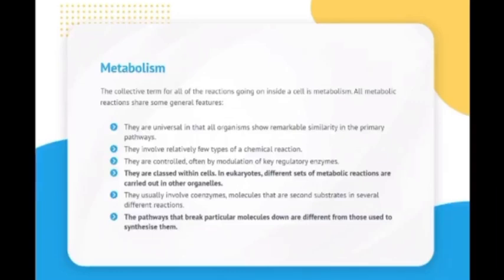They are controlled, often by modulation of key regulatory enzymes. They are compartmentalized within cells. In eukaryotes, different sets of metabolic reactions are carried out in different organelles. They usually involve coenzymes, molecules that are second substrates in several different reactions. The pathways that break particular molecules down are different from those used to synthesize them.